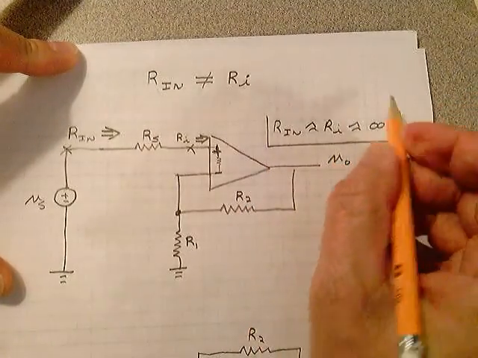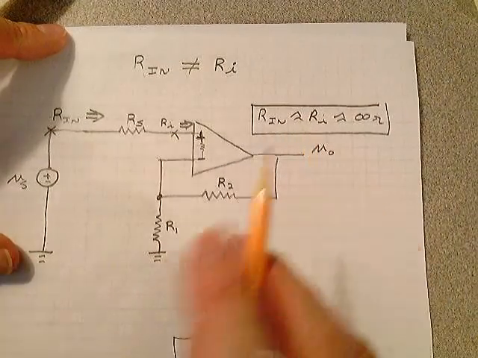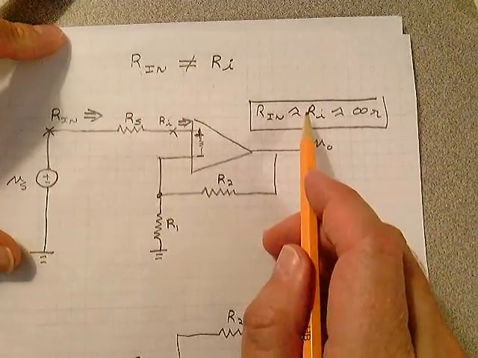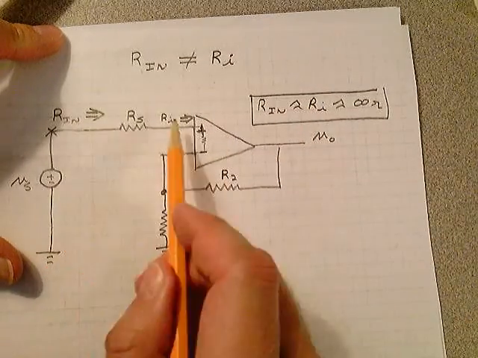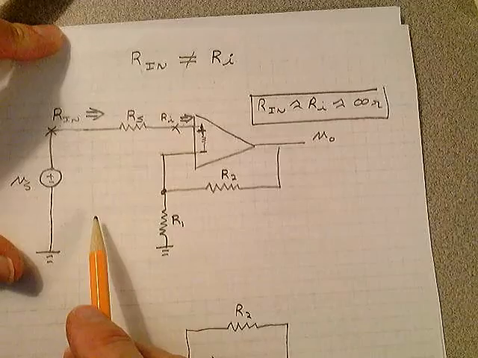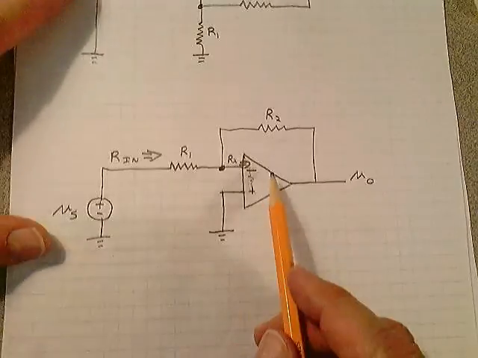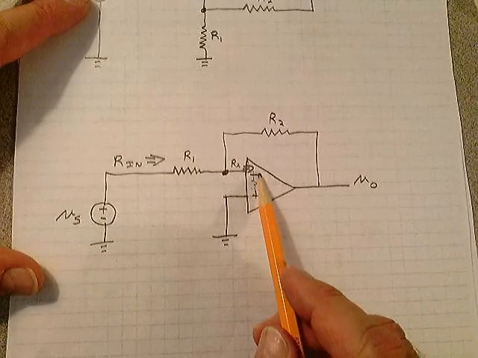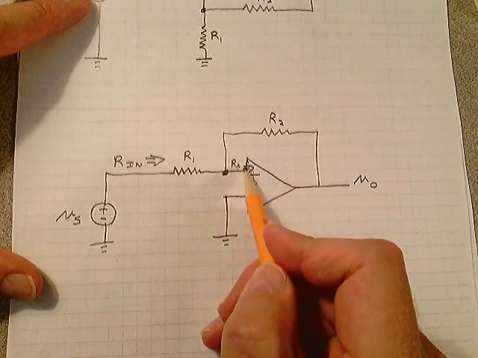I'll let you use that as a quick analysis. It's not exactly right. We're going to look at that in a minute. But for now, do you see that Rin and Ri are equivalent from this point to this point? But look down here in an inverting amplifier circuit. This is virtual ground. Ri is still infinity.